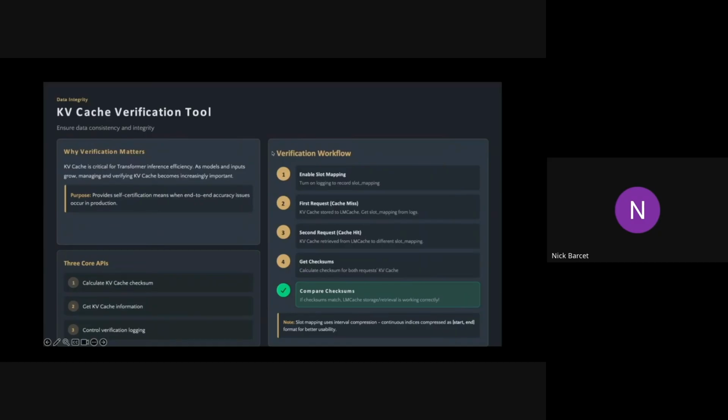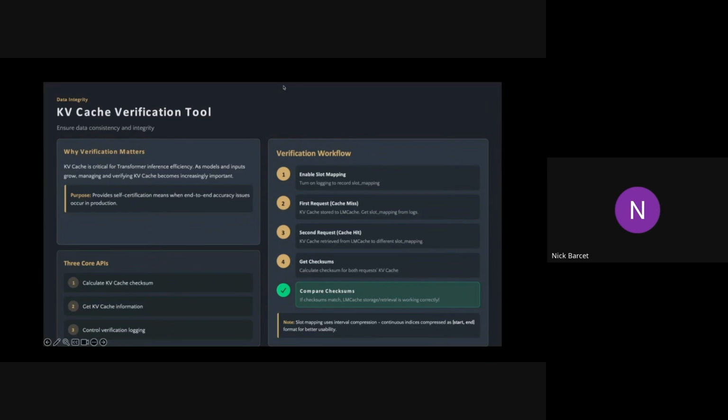This tool ensures data consistency and integrity. In VLLM inference services, KV-Cache is a critical component in the transformer architecture for improving inference efficiency. As model size and user inputs continue to grow, managing and verifying KV-Cache becomes increasingly important.